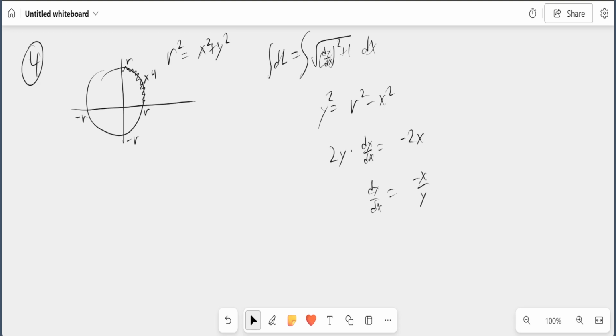I feel like I'm doing something wrong here. No, I don't think so. And you know what makes this a lot easier? Since I'm only using the top half, let's just say y is equal to the positive square root.